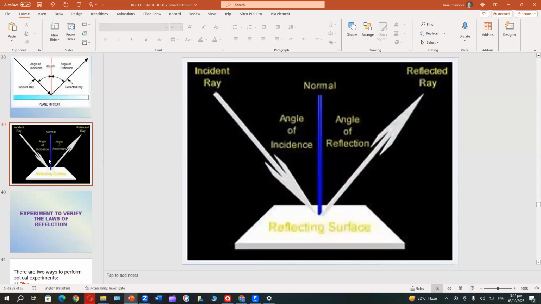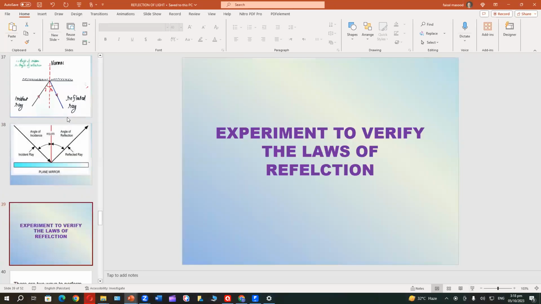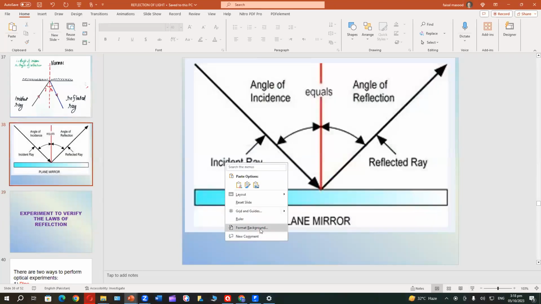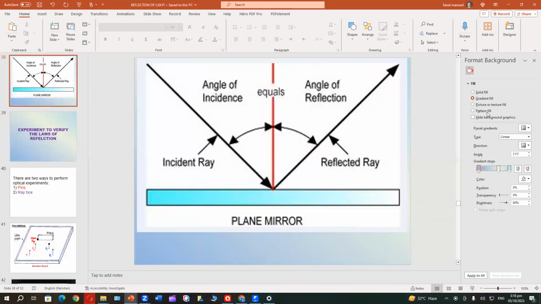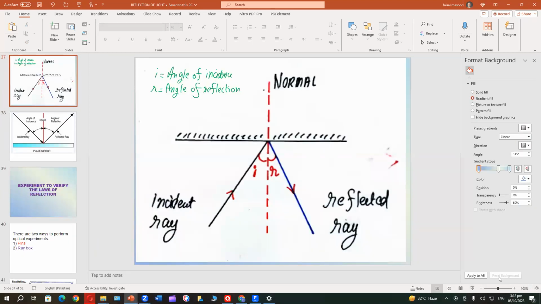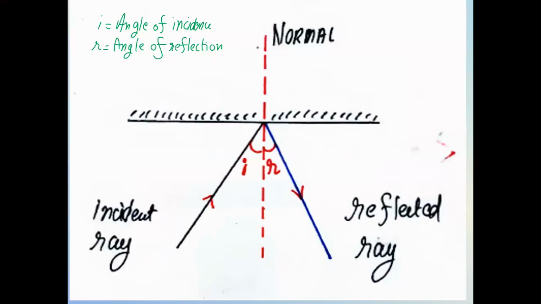So whenever you compare these two angles, you will always find that the two angles are the same. The two angles mean angle of reflection and angle of incidence. So update the same screen.